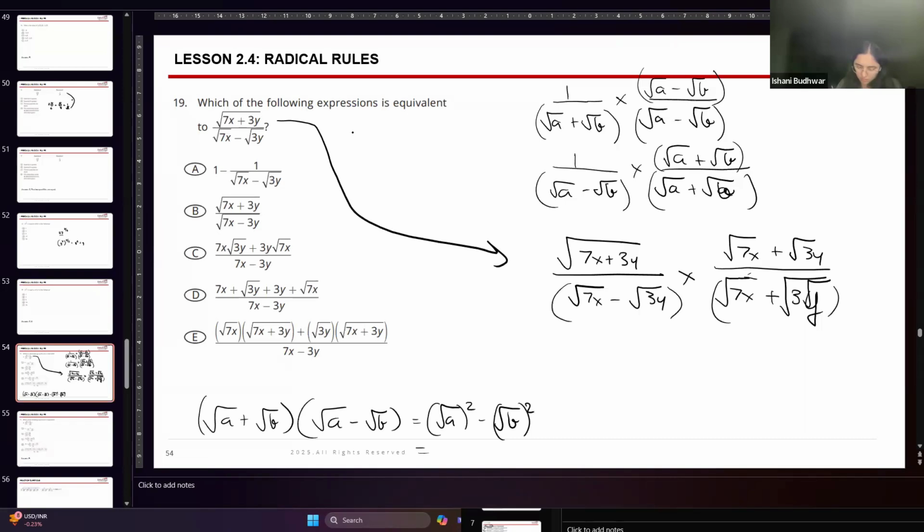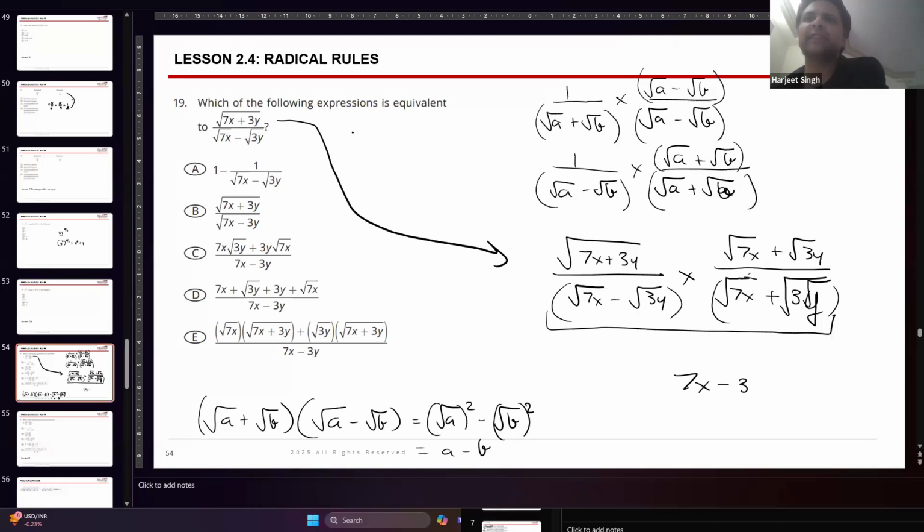And that becomes A minus B, correct? And that's what we will use in the denominator here. So the denominator becomes 7x minus 3y. And in the numerator we have root 7x plus root 3y into root of 7x plus 3y.